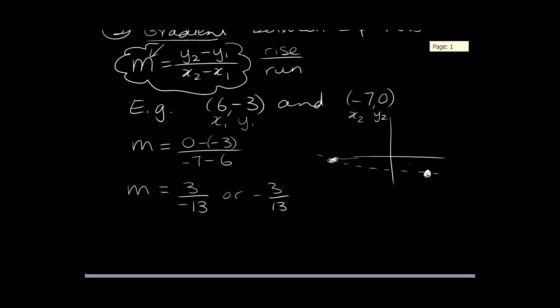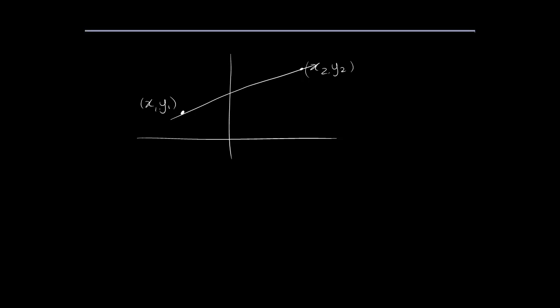Now, just to give you an idea of the formula itself, if we've got any 2 points on that Cartesian plane, let's say that one there, x1, y1, and that point there, x2, y2, the line joining them would look like that.